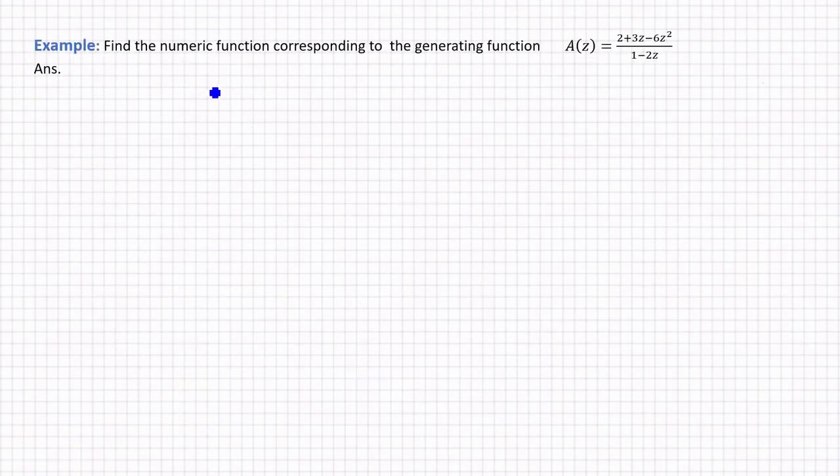Let's come to another example. Find the numeric function corresponding to the generating function A(z) = (2 + 3z - 6z^2) divided by (1 - 2z). Here we are given a generating function and we have to find the numeric function, so this is the reverse.